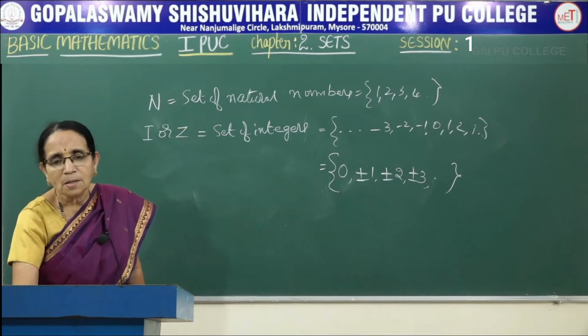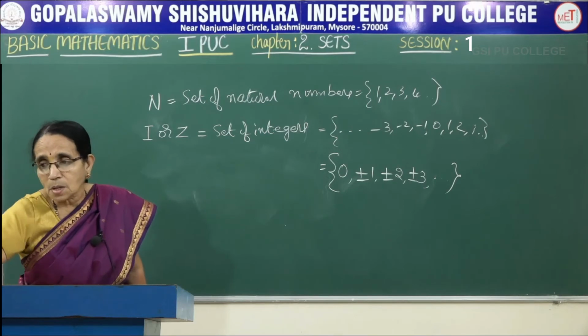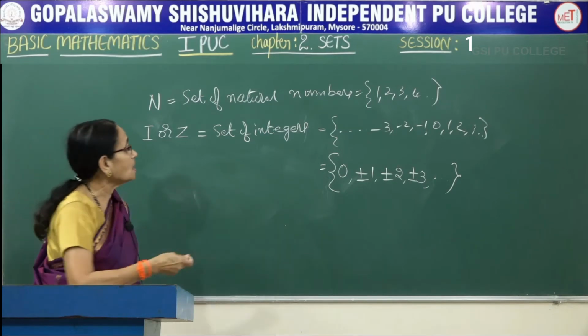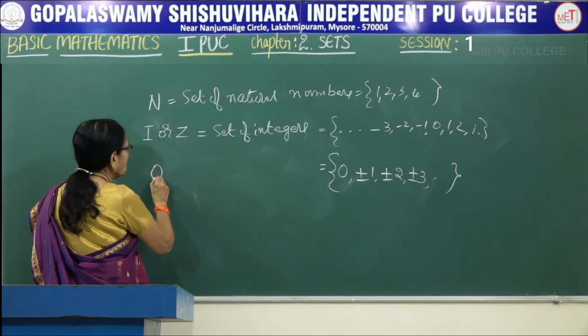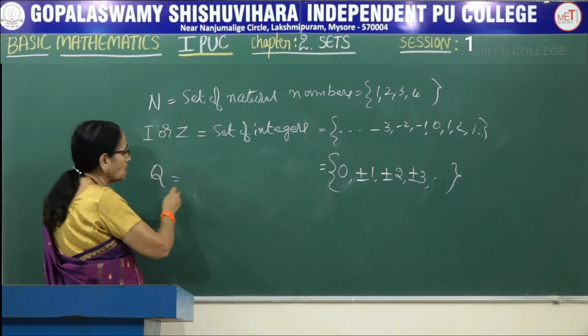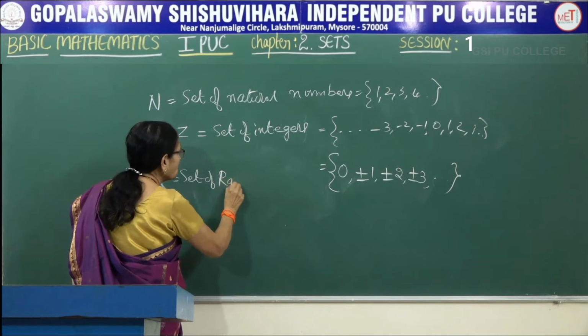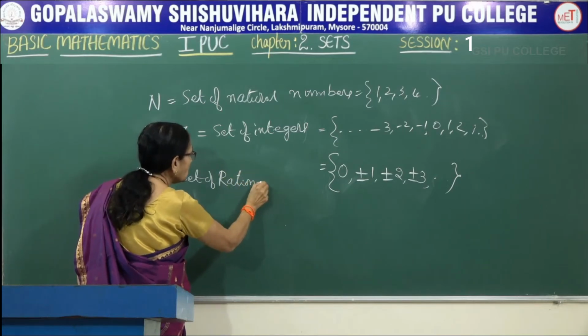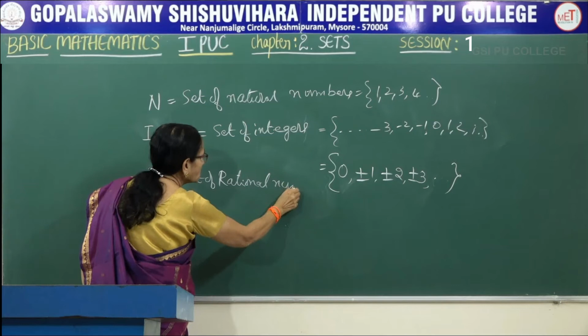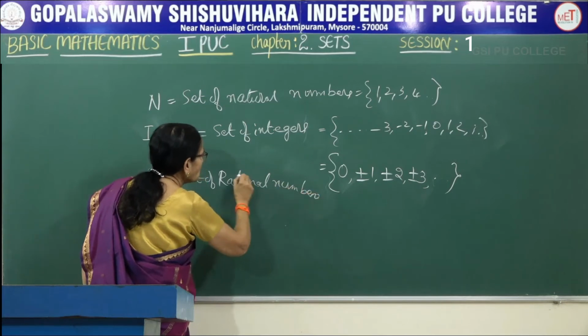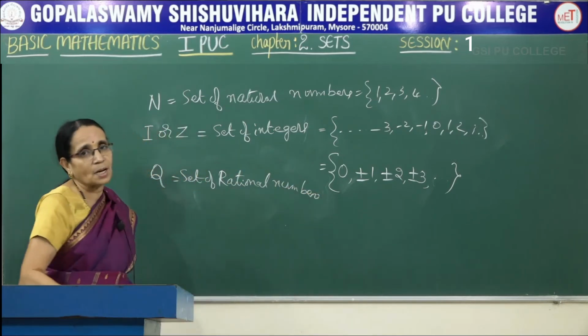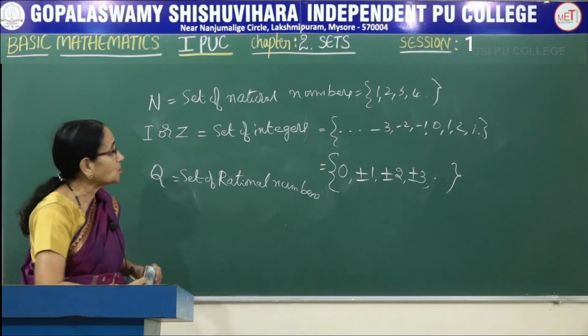Now, the next is Q. Q means the set of rational numbers. The letter Q, we are using the capital letter only, set of rational numbers. I hope you remember the definition of a rational number. What do you mean by a rational number?